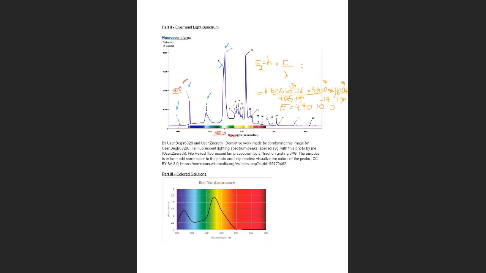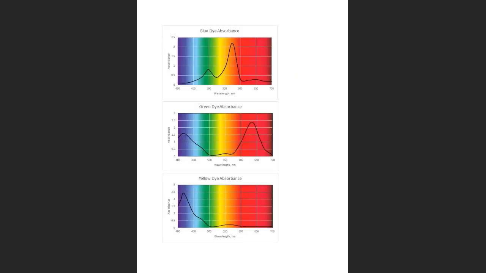So here is the absorbance spectra of the red dye. They give you the spectrum of the blue dye, they give you the spectra of the green dye, and they give you the spectra of the yellow dye.